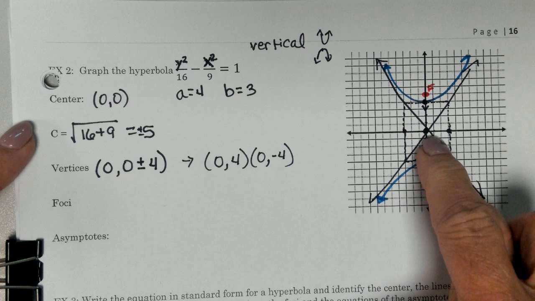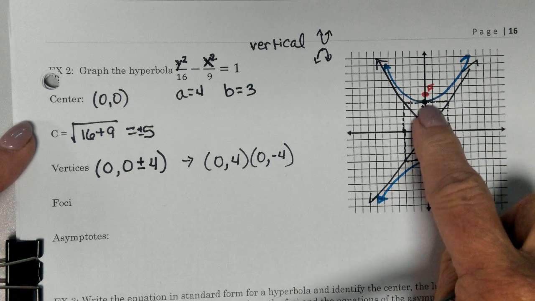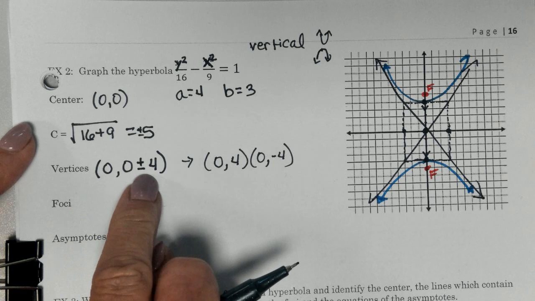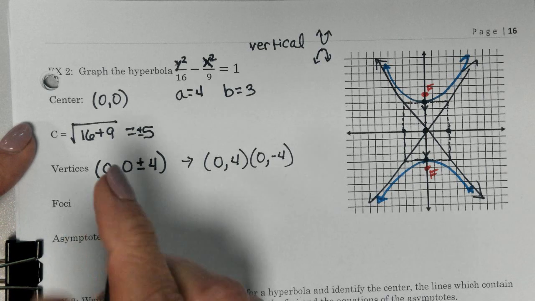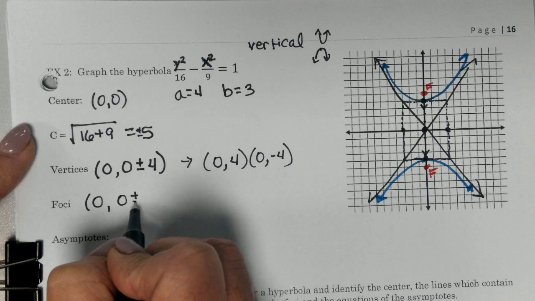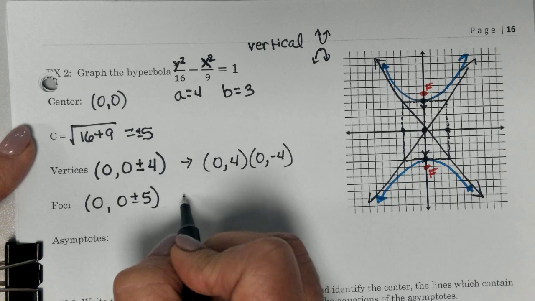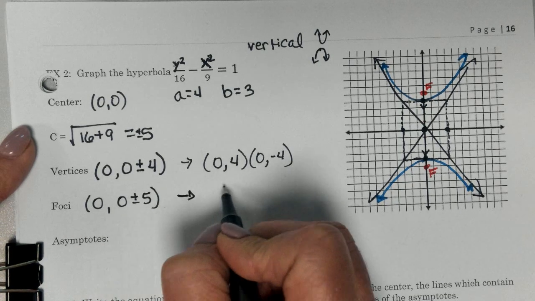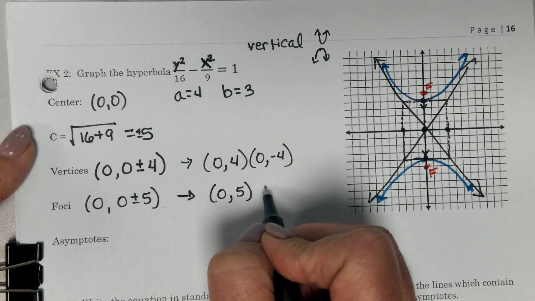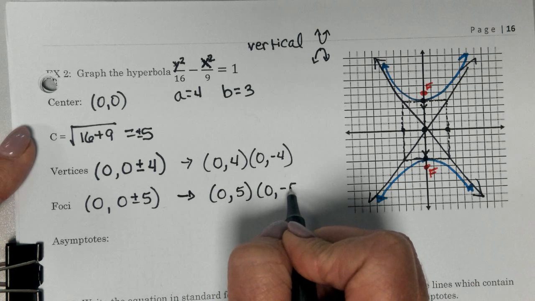Our foci are up and down as well. So since we added and subtracted from our y-coordinate, we're going to add and subtract from our y-coordinate for our foci. So it's plus or minus 5. Or we can say 0, 5, 0, negative 5.